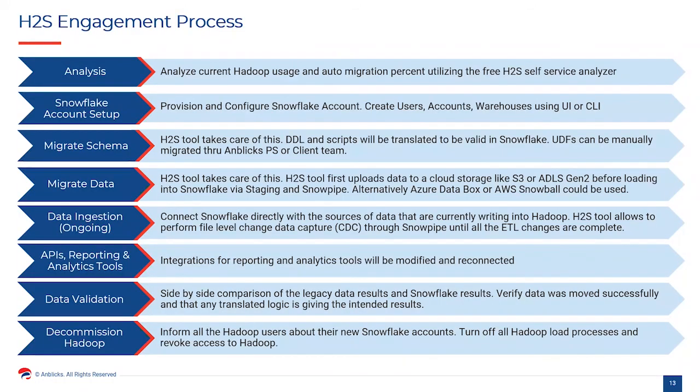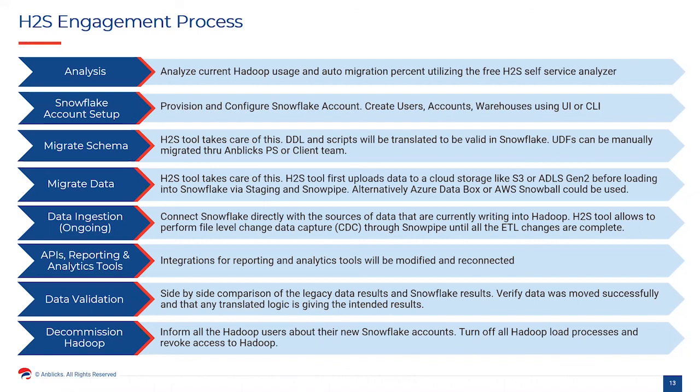So coming to the engagement process, I'll just speed it up because I know we only have 15 more minutes. So a typical Hadoop to Snowflake migration project would involve roughly 7 to 8 steps, right?